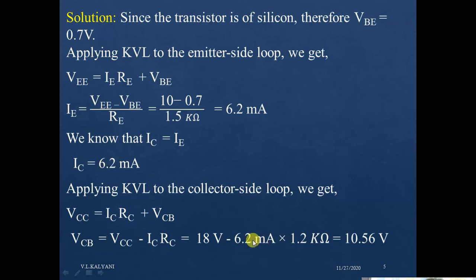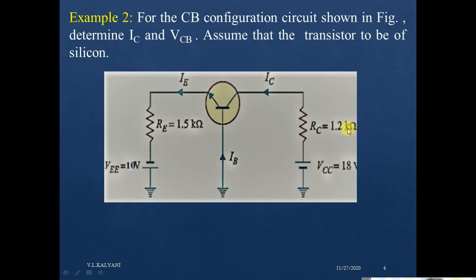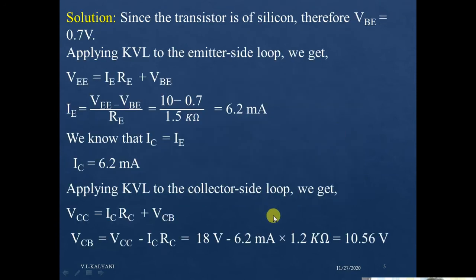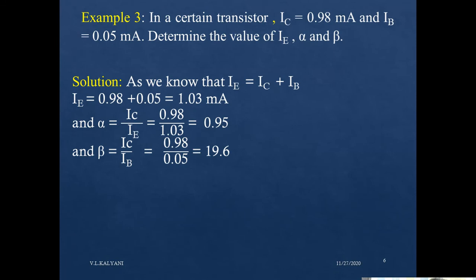So put this value, and RC is already given, this is 1.2 kilo ohm. So put these values in this equation, and after calculating, the VCB will be equal to 10.56 volt. According to this procedure, we can calculate the value of IC and VCB.